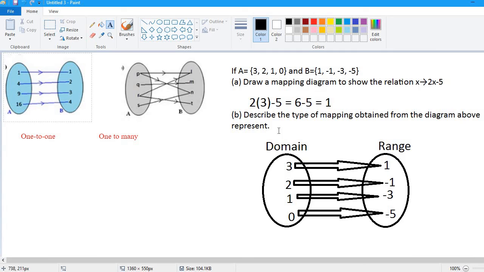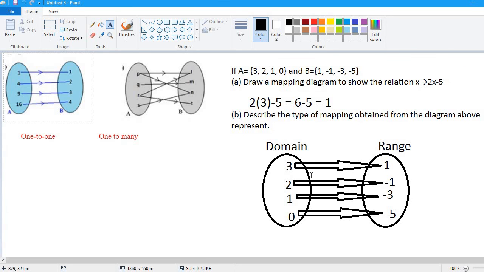All right. So the next part asks us to describe the type of mapping obtained from the diagram above, or what it represents. I think this is a typo. All right, so we can see that each of the elements in the domain only maps onto one number in the range. We don't have 3 going to 1 and it also goes to minus 1.